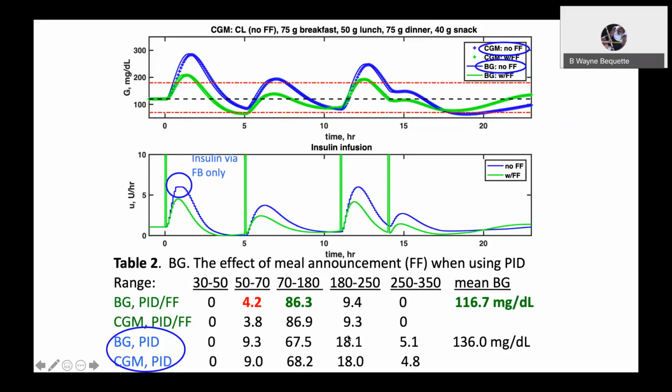So we have a substantial amount of hyperglycemia, but the mean blood glucose level in the end is not all that bad. But the trade-off has been that we've actually had this hypoglycemia late at night, which is definitely not desirable.